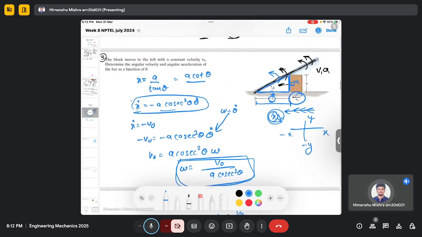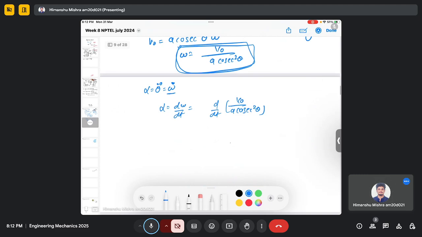You can see this v naught is a constant, it is not changing, so I can pull v naught and a outside. So this will be v naught by a d by dt of 1 by cosec square theta, and 1 by cosec square theta is sine square theta.